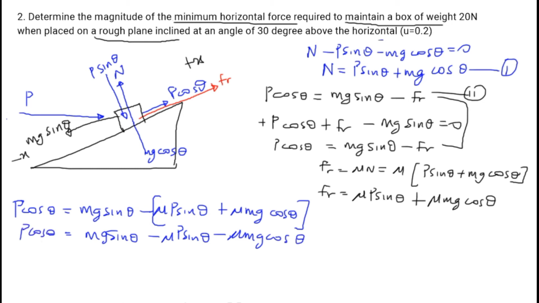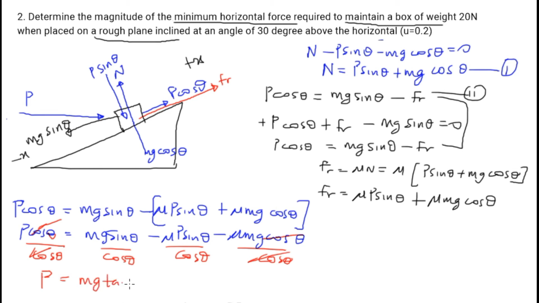So guess the next thing. The next thing is to divide through by cosine of theta. So cosine cancels, so that P will be made the subject of the formula, and then P will be equal to mg tan of theta minus mu P tan of theta, then minus mu mg.